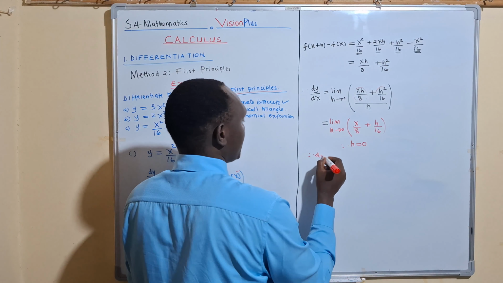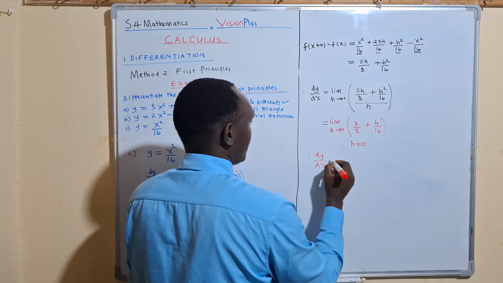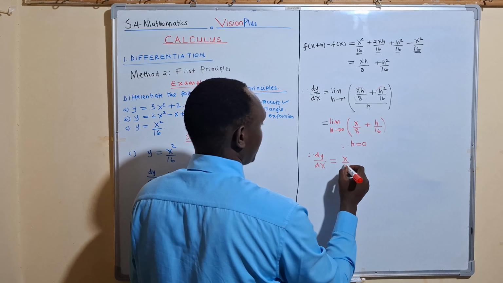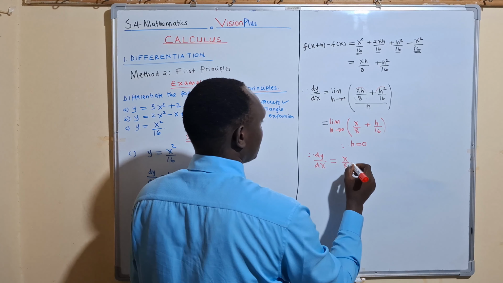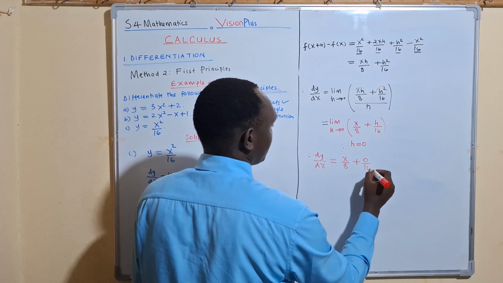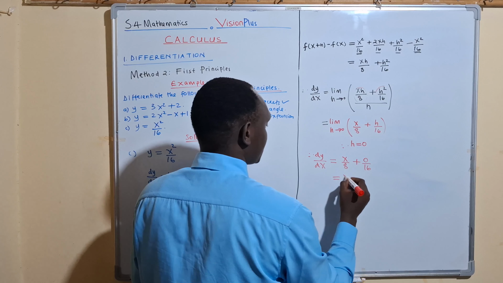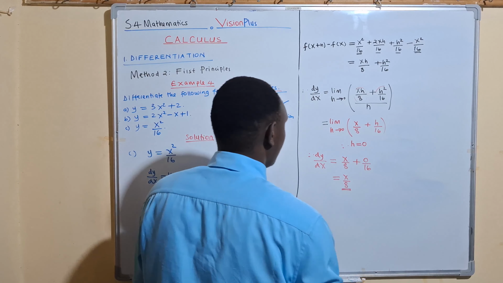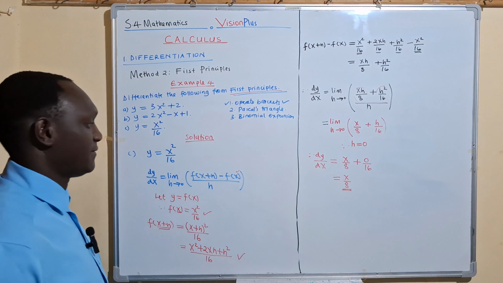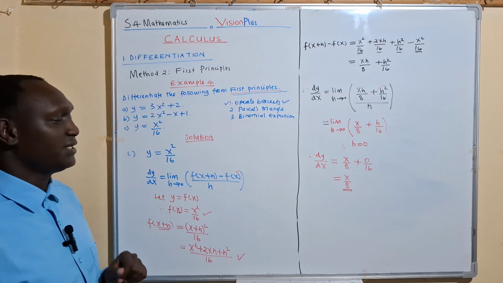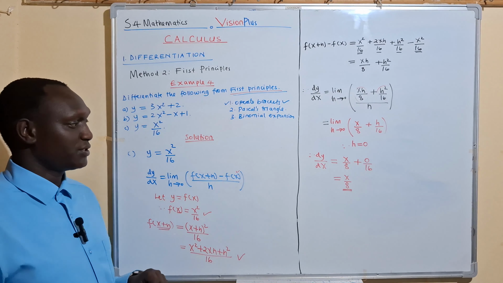So finally dy/dx equals x over 8 plus 0 over 16. What is 0 divided by 16? It is 0. So we shall have x over 8 as the answer. That is the answer when we are differentiating part C from first principles.